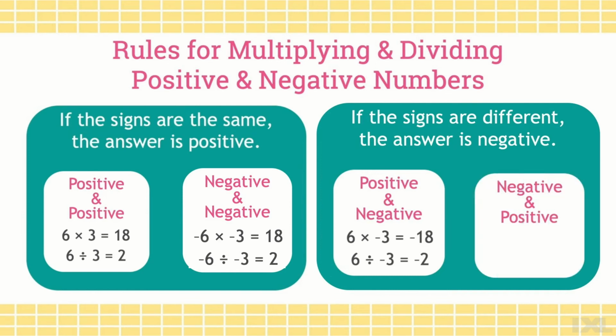Or if the first number is negative and the second one is positive, when you multiply or even divide, the answer is also negative. The rules that we followed before also apply when we multiply and divide decimals. So let's have some examples.